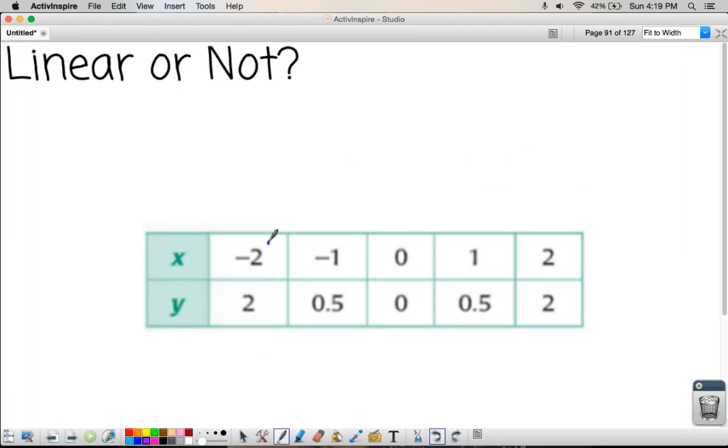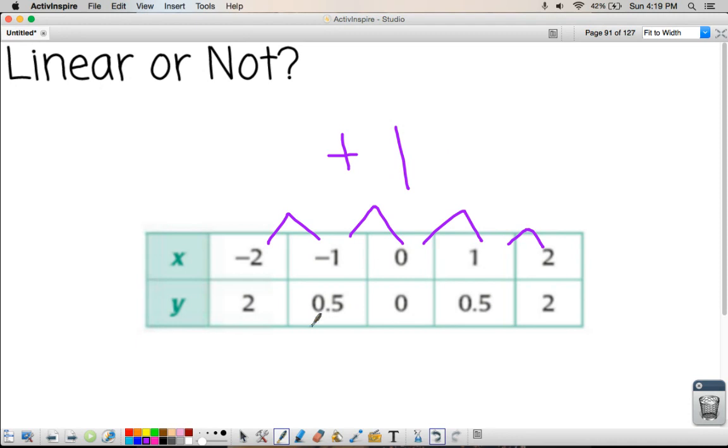All right, so across the top, I'm adding 1 all the way across. Just going to put a big +1 all the way across the top. -2 plus 1 is -1. -1 plus 1 is 0. 0 plus 1 is 1. 1 plus 1 is 2.